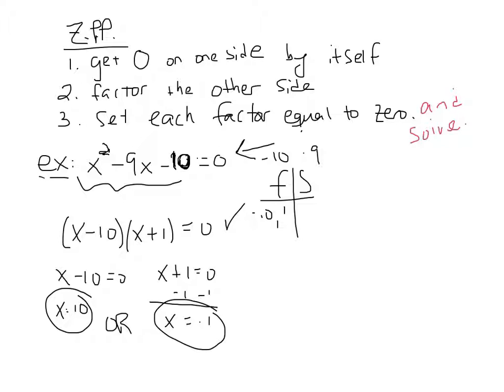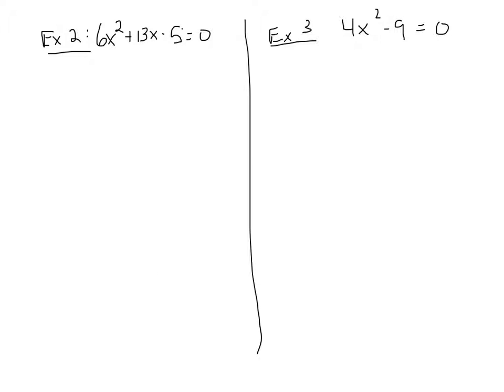Let's turn the page and do another 2 examples. So in the second example, once again, we have 0 all by itself, so that's a good start. We're then going to factor the other side. Now we need 2 numbers that multiply to -30 and add up to 13.